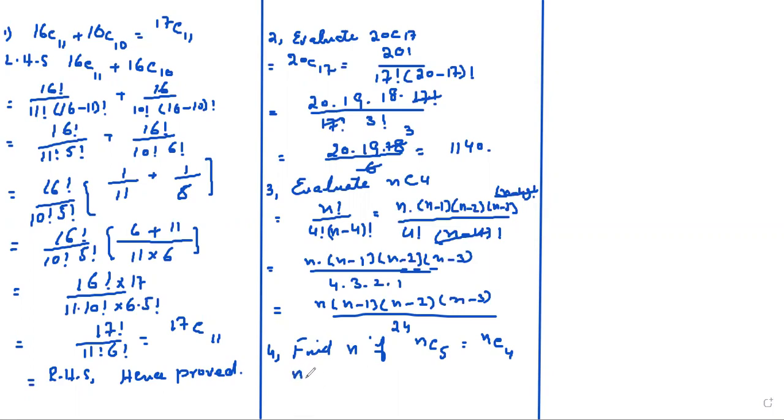We know that NCR equals NC(N minus R). So we can write NC5 equals NC(N minus 4). So n minus 4 equals 5, which implies n equals 9. This is our answer.